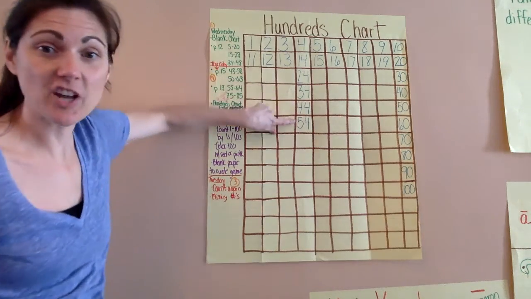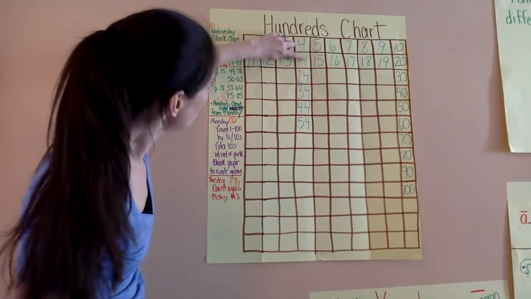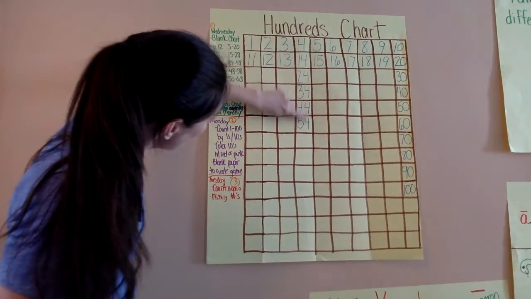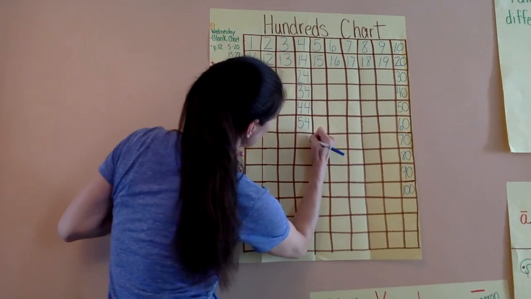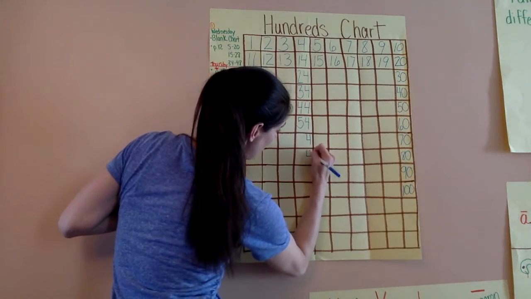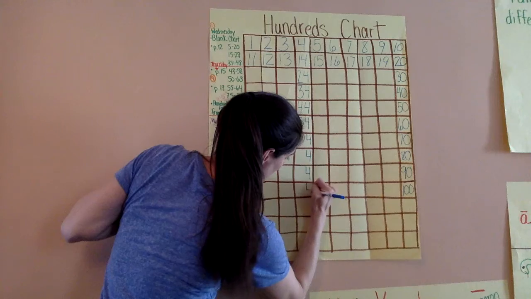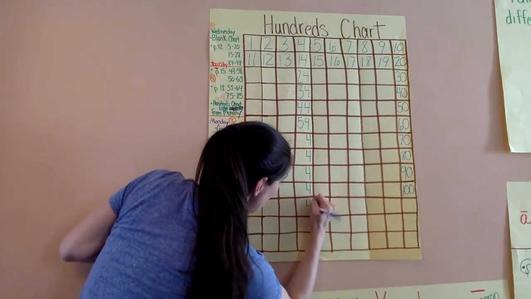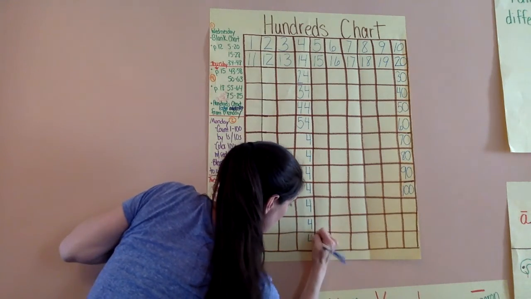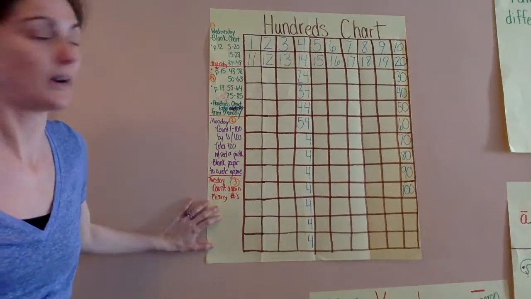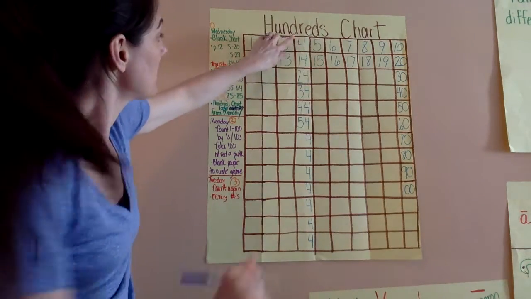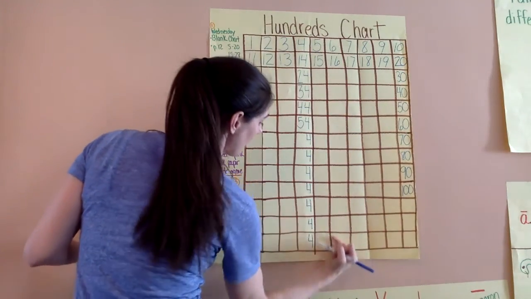I'm adding 10 each time. Look what happens. 4, 4, 4, 4, 4, 4, 4. 4 is going to be the same. I see that pattern. That means I'm just going to go ahead and write these 4s all the way down my number grid, right? 4 is going to be on the right-hand side all the way down the number grid.